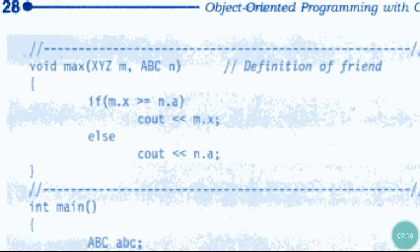So here you can see void max(XYZ m, ABC n). To find the maximum: if m.x is greater than or equal to n.a, cout m.x, else cout n.a.